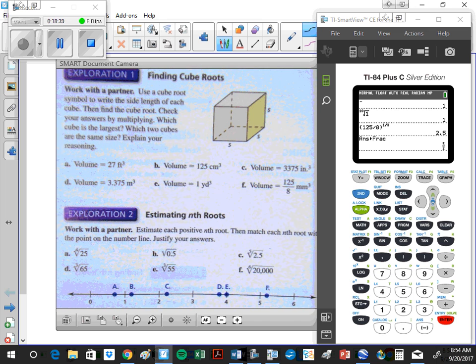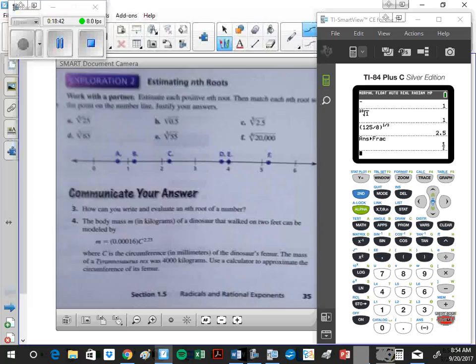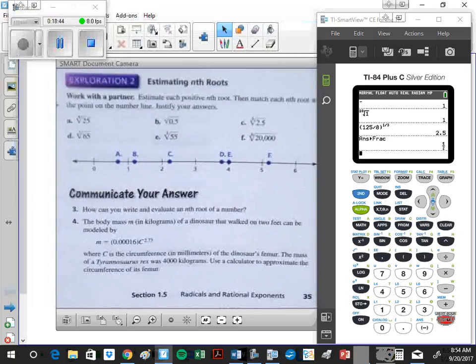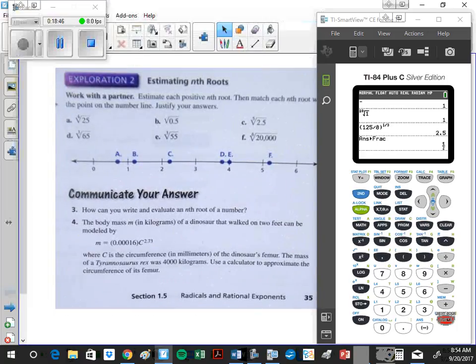In the next section, letter A, this is kind of neat. Don't plug these in your calculator. What do we think we need to multiply 4 times to get 25? Let's try 2. What would 2 to the 4th be?